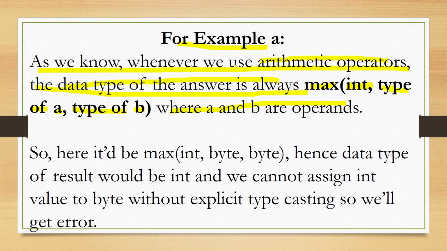So whenever we use arithmetic operators, the data type of the answer is always max of int, type of A and type of B, where A and B are operands. So here it would be max amongst int, byte and byte.